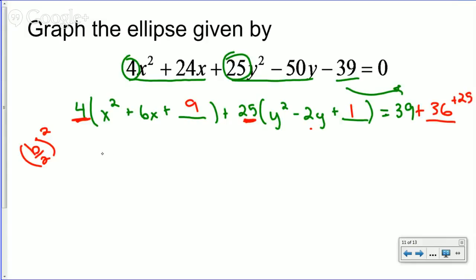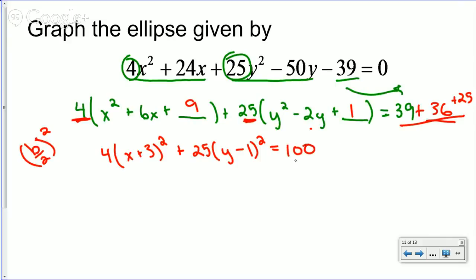So then I get 4 times (x plus 3) squared plus 25 times (y minus 1) squared equals, if you add all those up, 100.